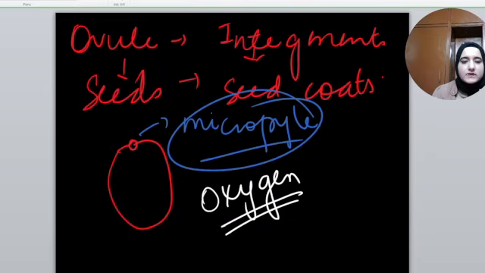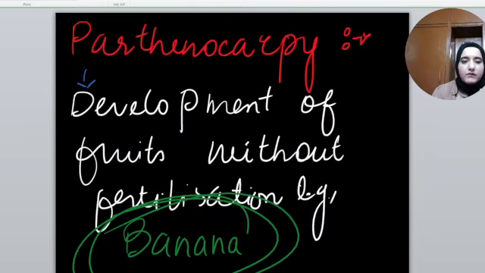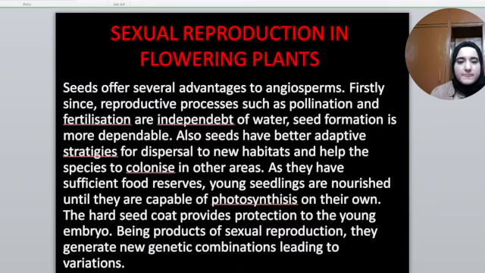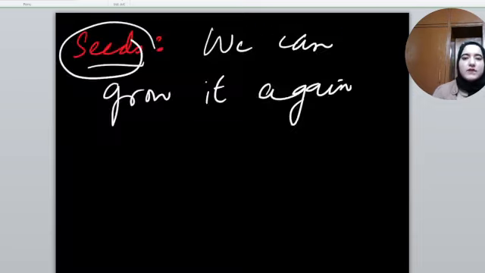We have one more concept, parthenocarpy. Parthenocarpy simply means when fruits develop without fertilization, for example banana. Those fruits don't carry seeds inside themselves. And we have so many advantages of seeds. We can grow them again, and we can carry them from one place to another and grow there, right?